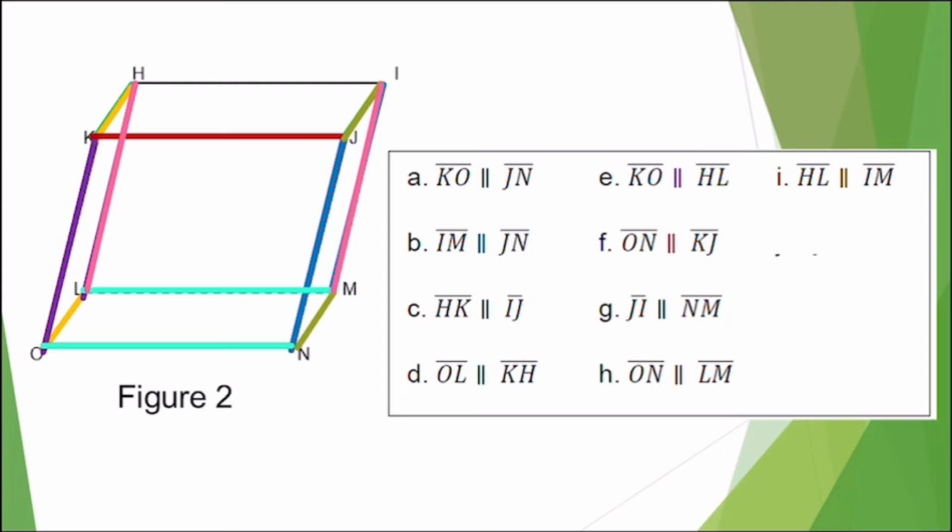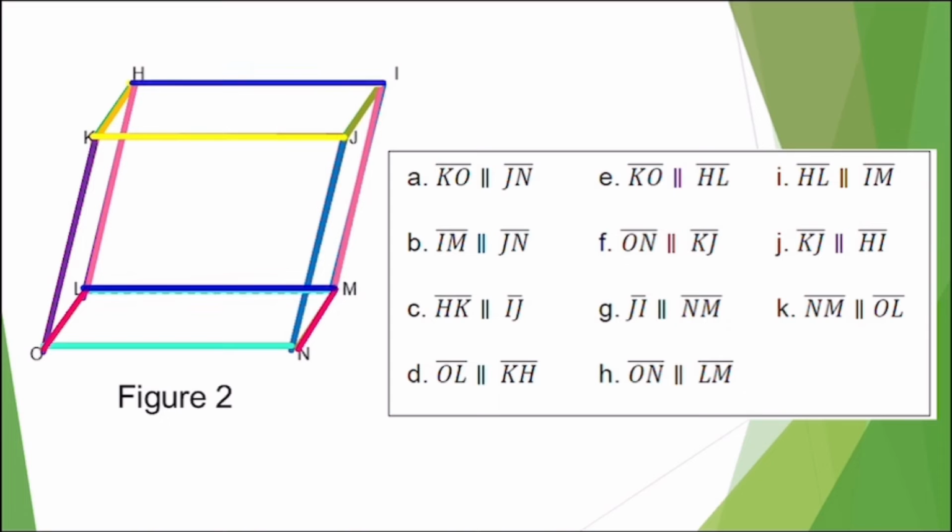Next, line segment KJ is parallel to line segment HI. Next, line segment NM is parallel to line segment OL. And last, line segment HI is parallel to line segment LM.